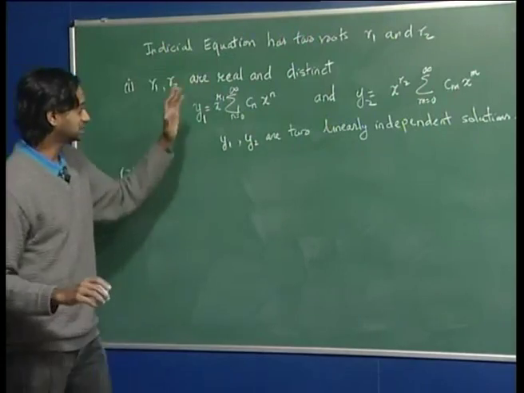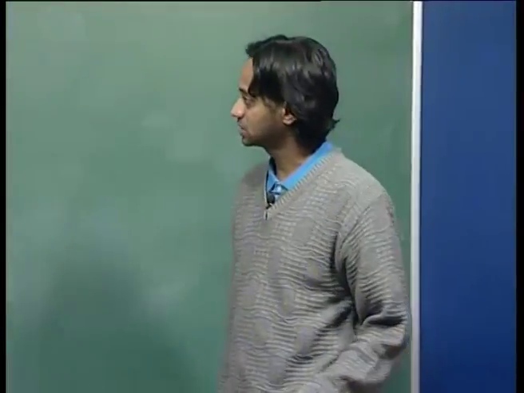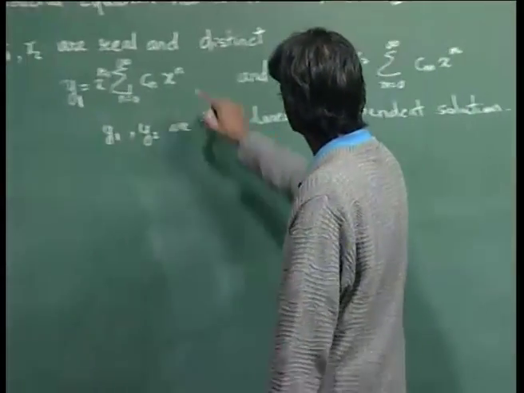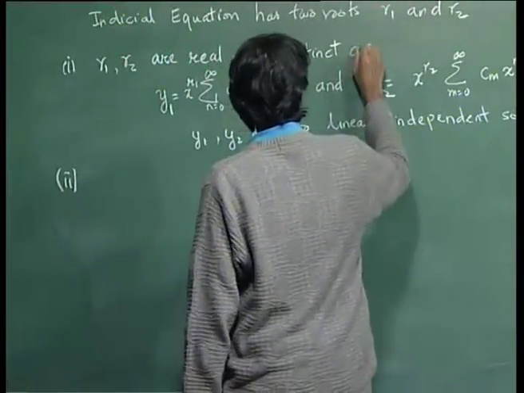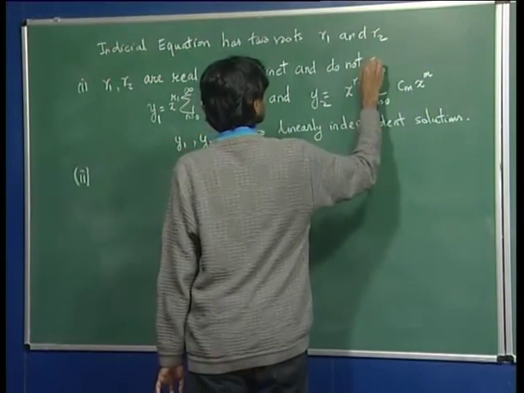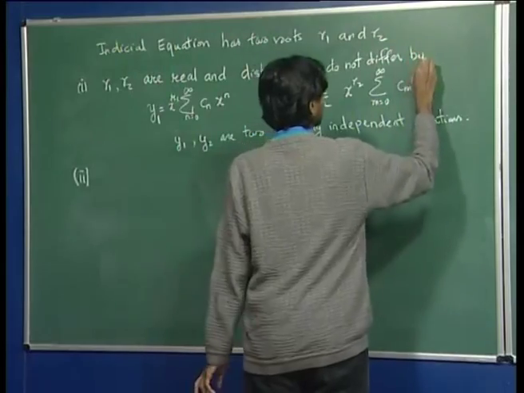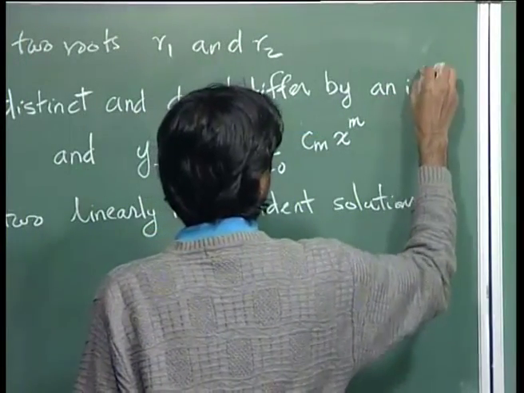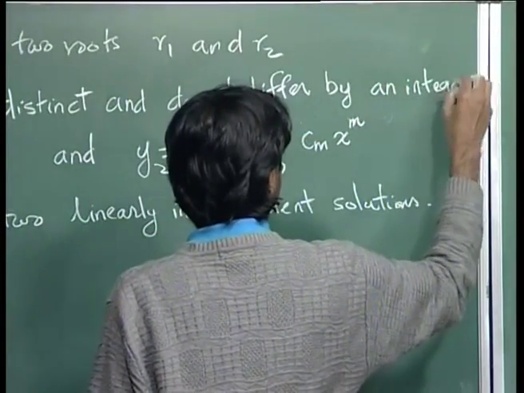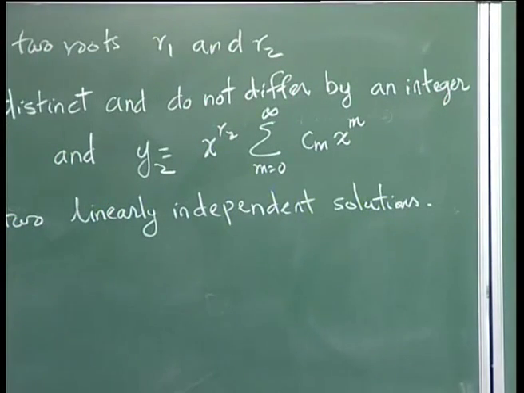So, if these two are distinct, then these two become two linearly independent solutions. There is one more condition, real, distinct and do not differ by an integer. Okay, they should be real, distinct, and they should not differ by an integer.